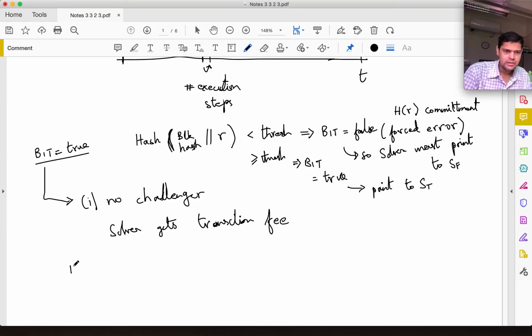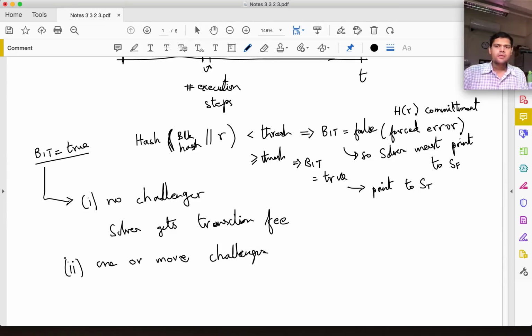In case there is a challenge, we have to think what to do. With one or more challengers, it's tricky. What are we going to do?